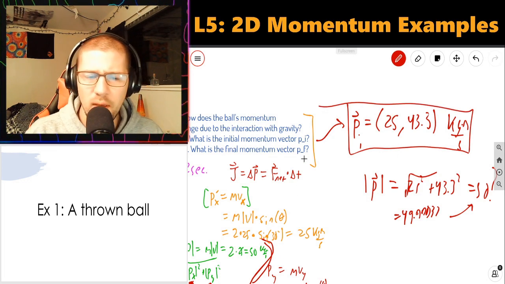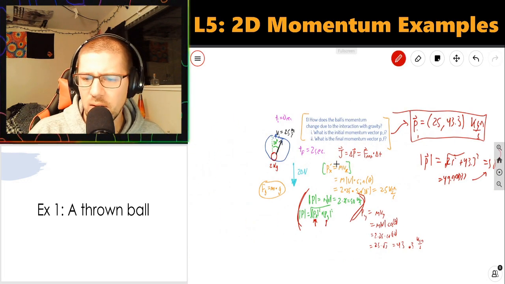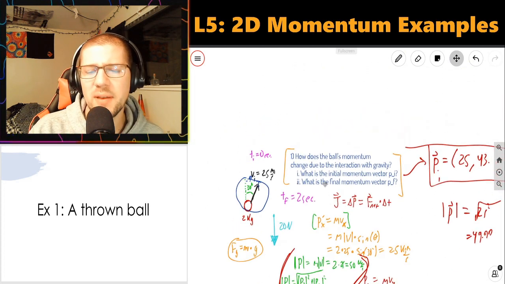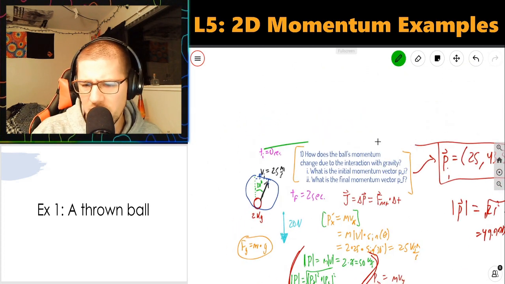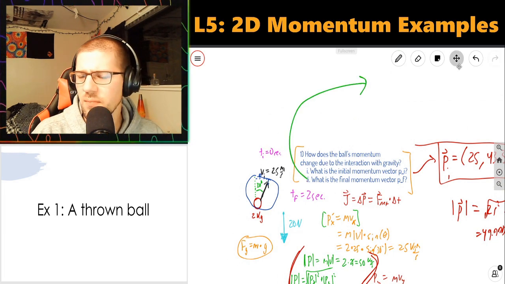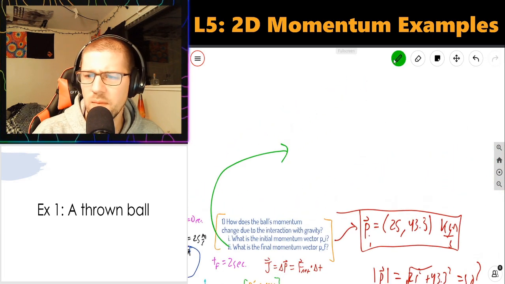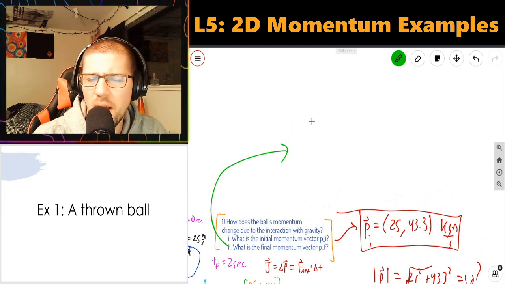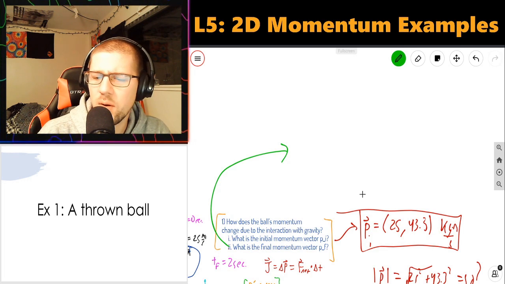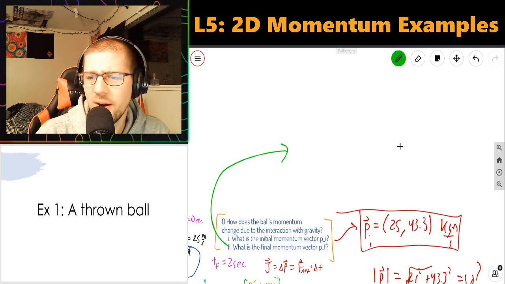Now, what is my final momentum vector, PF? Now I have to think a little bit more about my system. So we're going to address number 2 here. What is the final momentum vector? If I want to look at my final momentum vector, I need to think about how I get there.